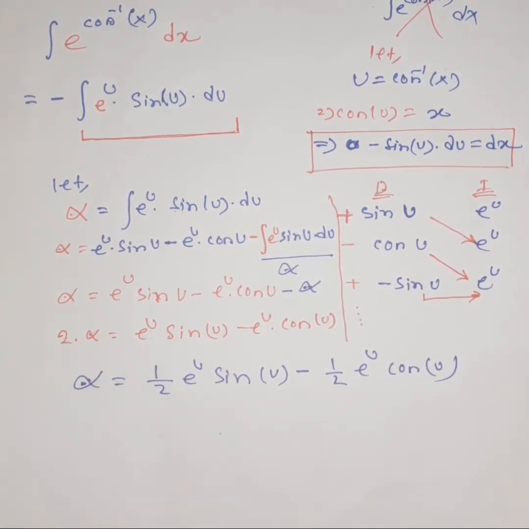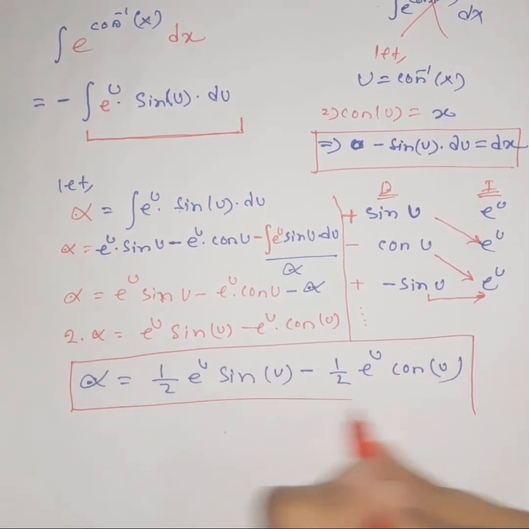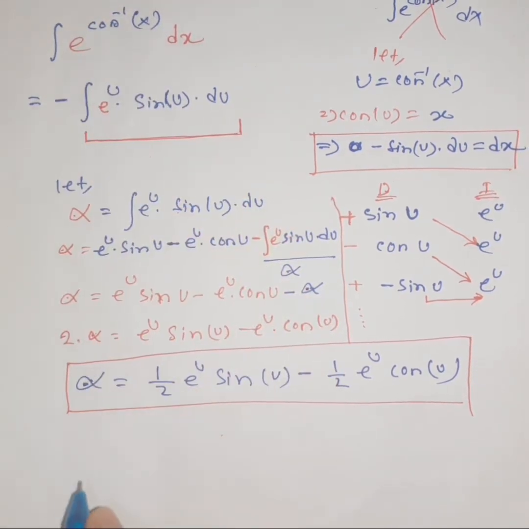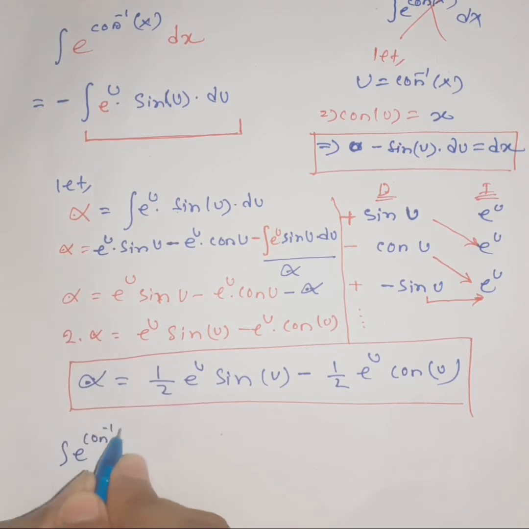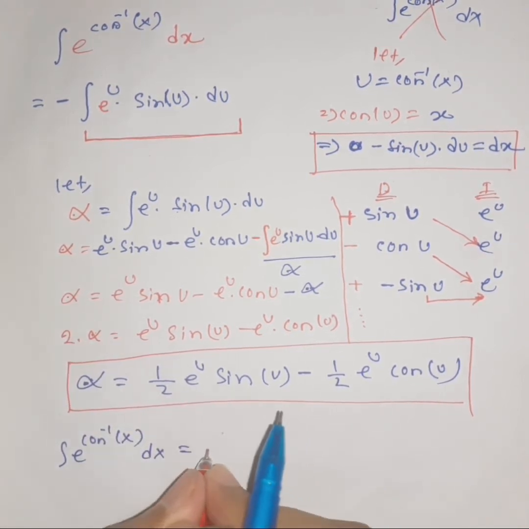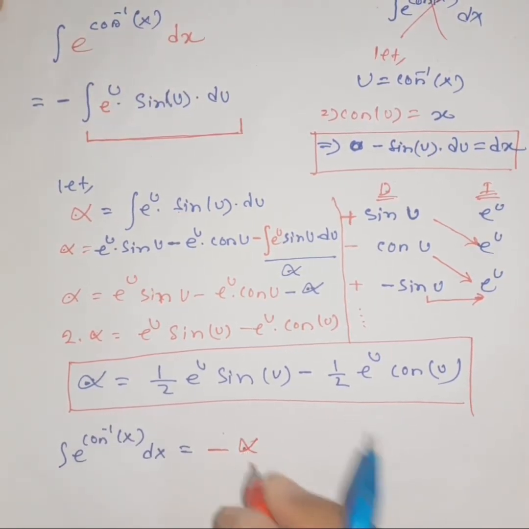Well, now we are going to plug in this value here. So let's write it again here, real quick. The integral of e to the cosine inverse of x dx is equal to the negative fish, right, because we called it a fish.